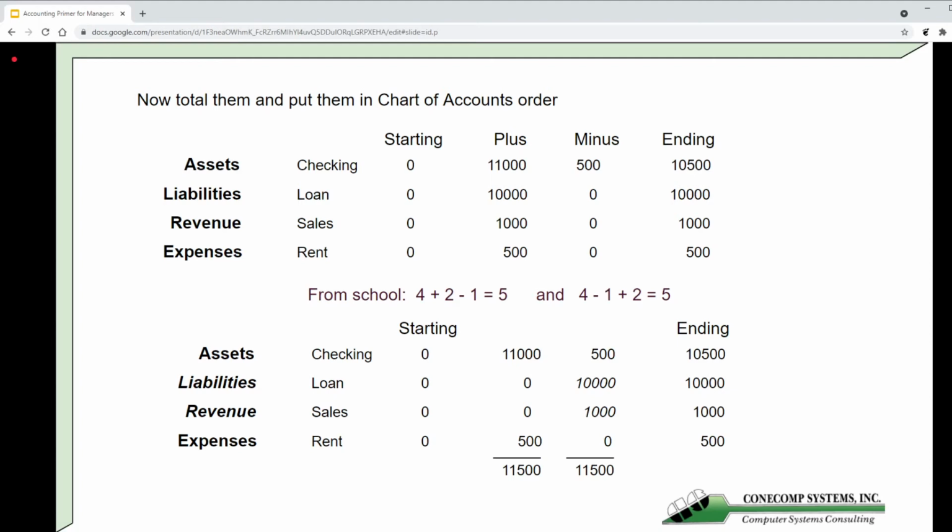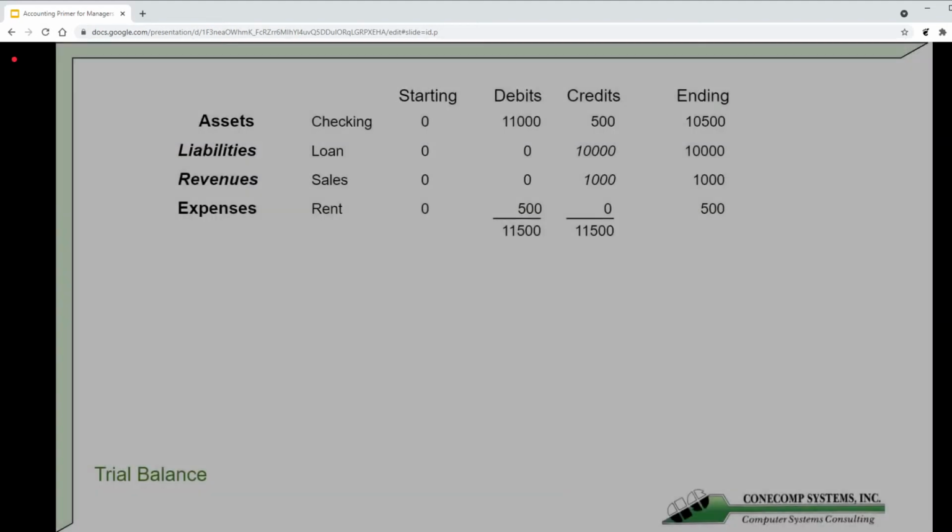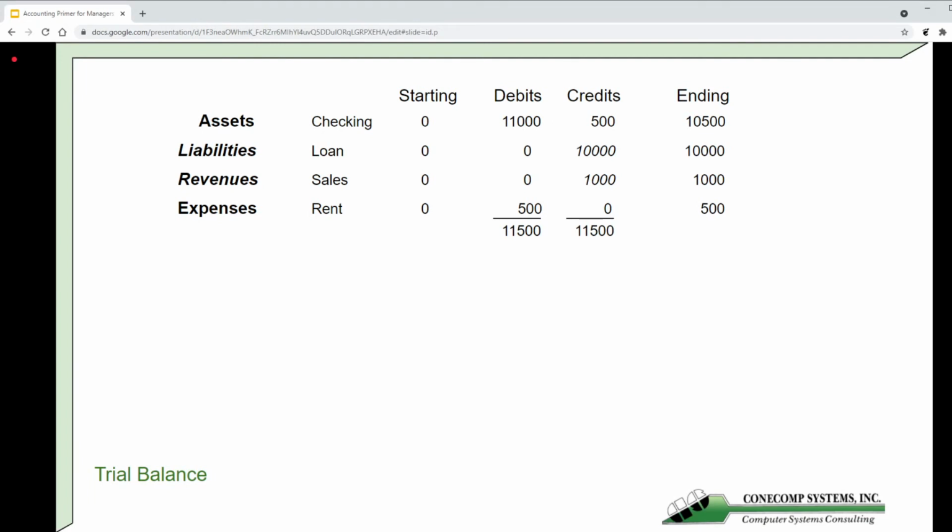And that's what was ingenious, that someone figured that. As a matter of fact, they named those columns, and we'll show it to you. They're terms that you've probably heard and wondered what they were, and that's debits and credits. For this layout here, and again, you see the liabilities and the revenues, which are in italics, have been reversed in their order.